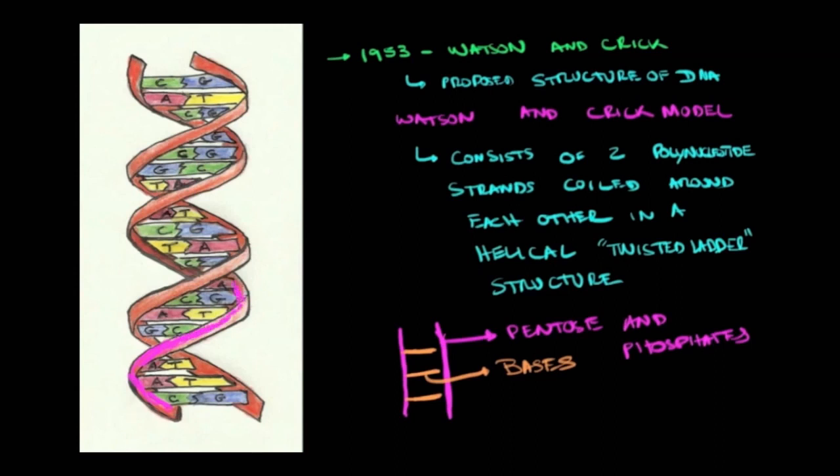Here is my side of the ladder, my pentose and phosphates, and they are twisted around the bases, where you see two bases meeting in the middle. They are bound to the pentose and they meet each other in the middle.